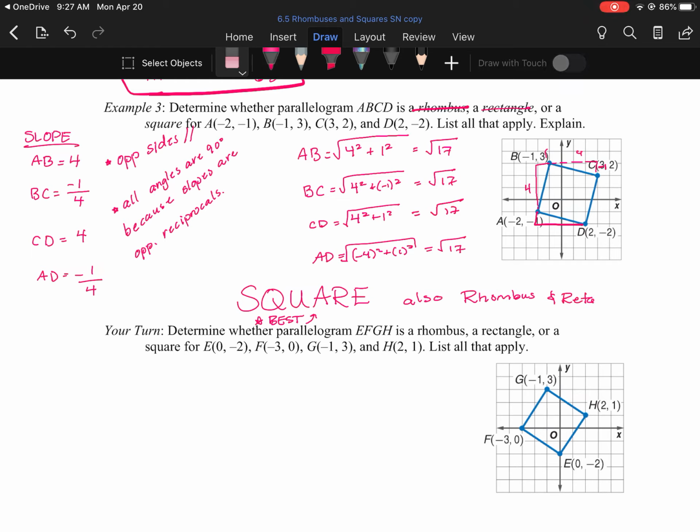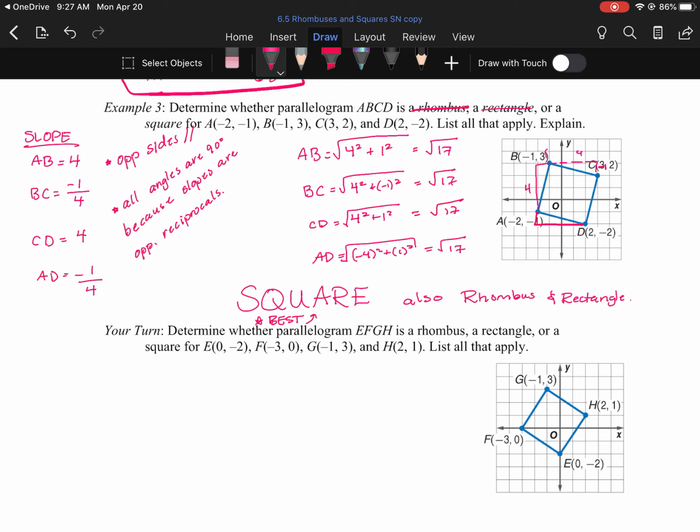Whoops, forgot my C. So again, if you had to list one answer, it is technically a square. But since a square has all the properties of a rhombus and rectangle and it says list all that apply, that's why we have to list all of them.